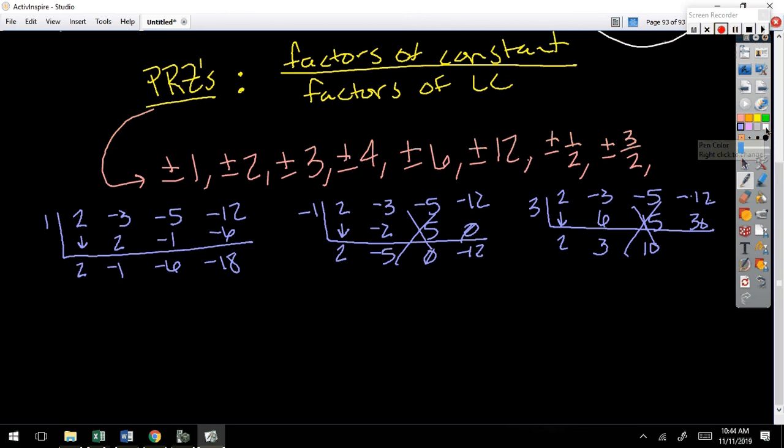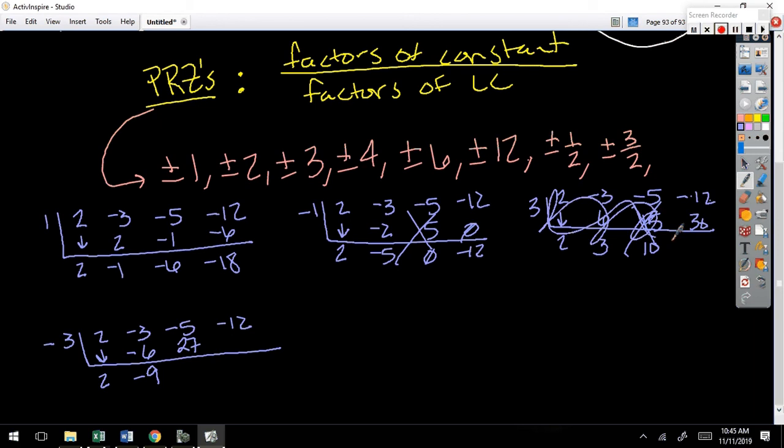Wait, so there's no way to look at it and tell, and just check your work and do everything? Wait, did I do something wrong? Oh, I did something wrong here.